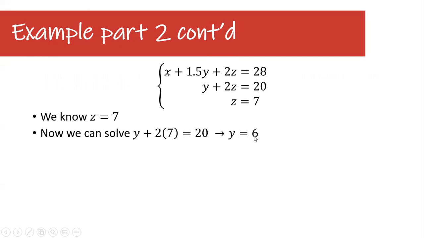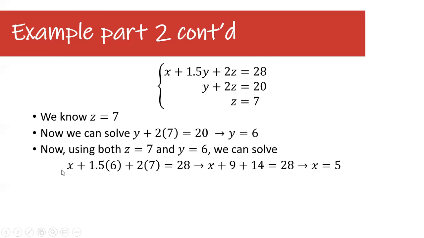So now we know that y equals 6 and z equals 7. Now we're going to use that top equation, using the values that we already know for y and z, so that we can solve for x. We're left with x plus 1.5 times 6 plus 2 times 7 equals 28, which simplifies to x plus 9 plus 14 equals 28, which tells us x equals 5.